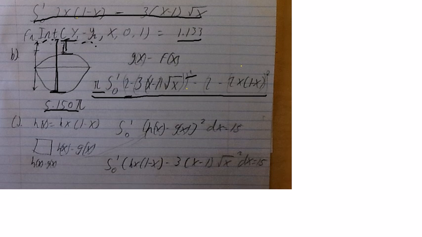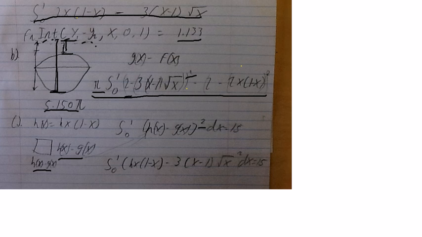So we're going to go down to C. We know h of x equals kx times 1 minus x. So it's going to be the integral from 0 to 1 of h of x minus g of x, squared, dx equals 15, and it's squared because it's a square cross-section. h of x minus g of x times h of x minus g of x is the area of the square, so that's why it's squared.